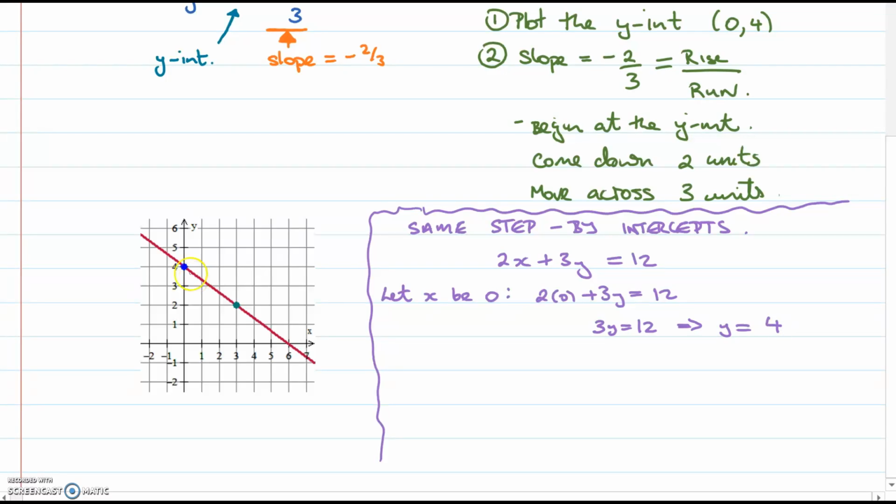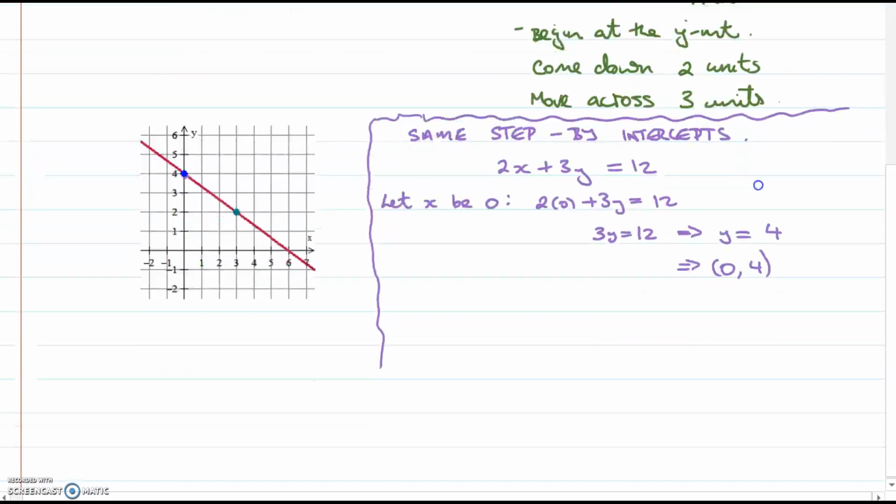So that's going to give us this y-intercept here, 0, 4. Okay, so that gives us 1 point, and if we want to get the other point, we can let y be equal to 0.